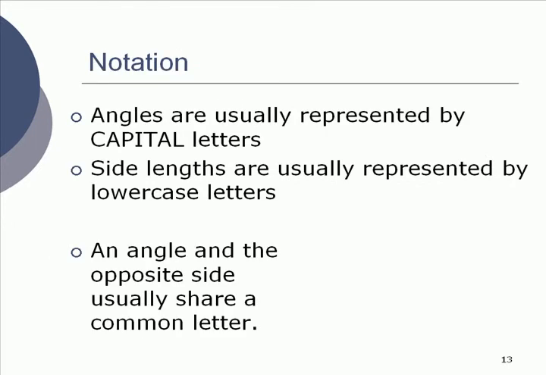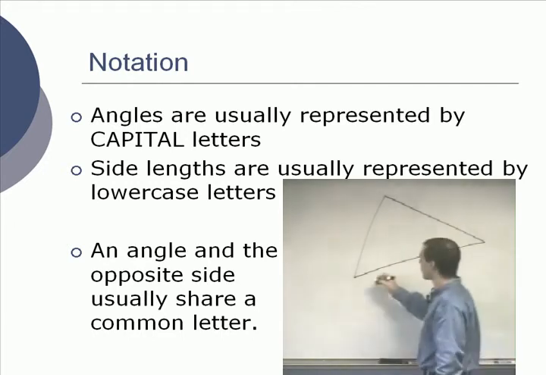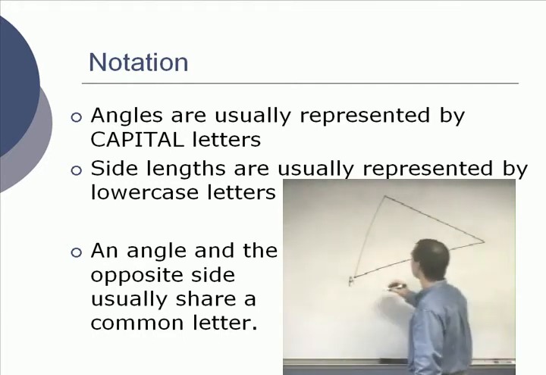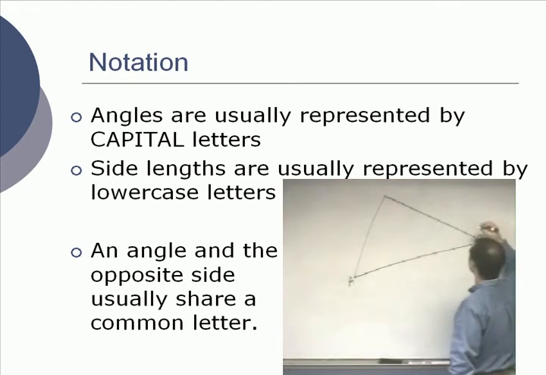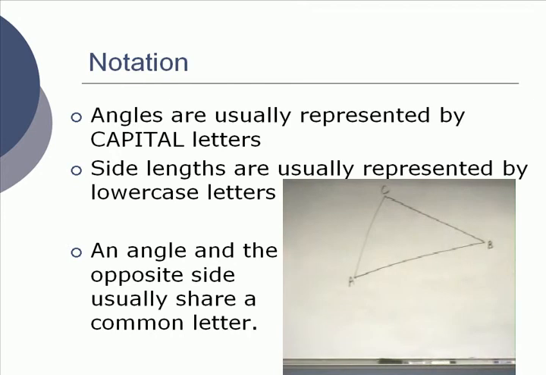In general, when you're dealing with any triangle, this doesn't apply to just right triangles, but any triangle, angles are frequently referred to using either Greek letters, theta, beta, alpha, or commonly capital letters. It's very rare to refer to an angle as a small letter. So, for example, if we have this triangle and we refer to that angle as A, B, and C, we better use capitals.